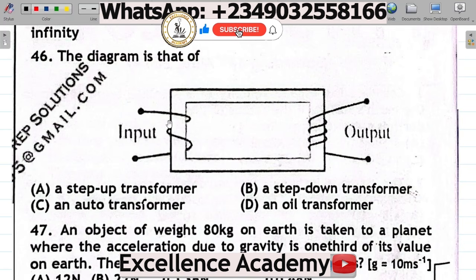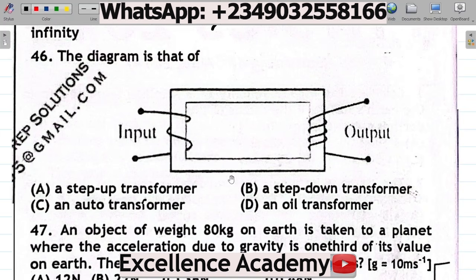The turns of the input coil are fewer. Meanwhile, look at the output coil, the output part. For this output part, we can say that the output coil has more turns. In essence, from this diagram, the input coil has fewer turns while the output coil has more turns. All right. Now, more turns on output causes a voltage increase, and a voltage increase results in what is called a step up transformer.